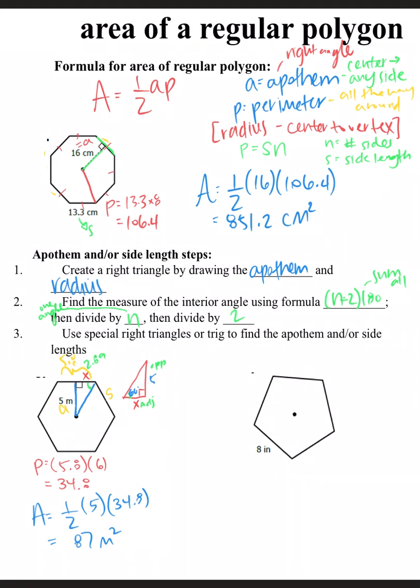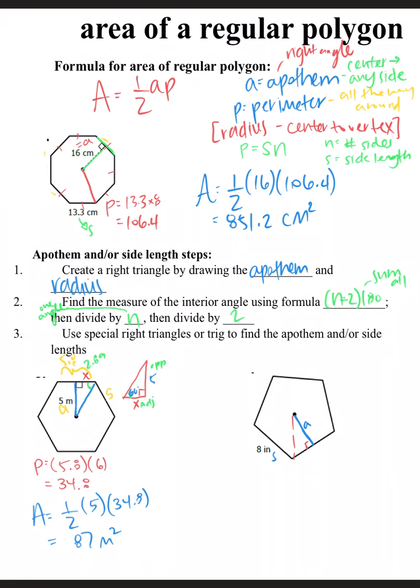Okay, so the second example we have is we're given the side length, but we don't have an apothem. So here's our apothem, and we need to figure out what that distance is. So I'm going to draw my triangle. This is 90 degrees.